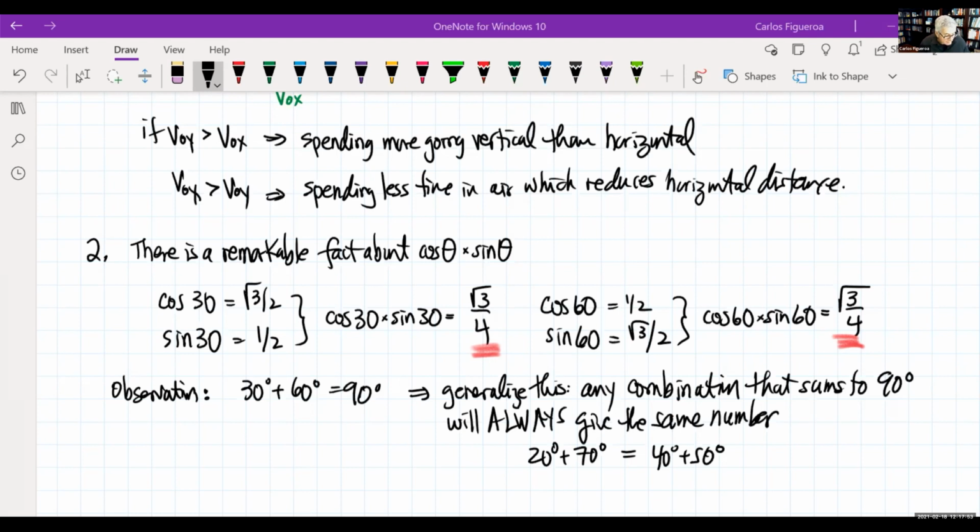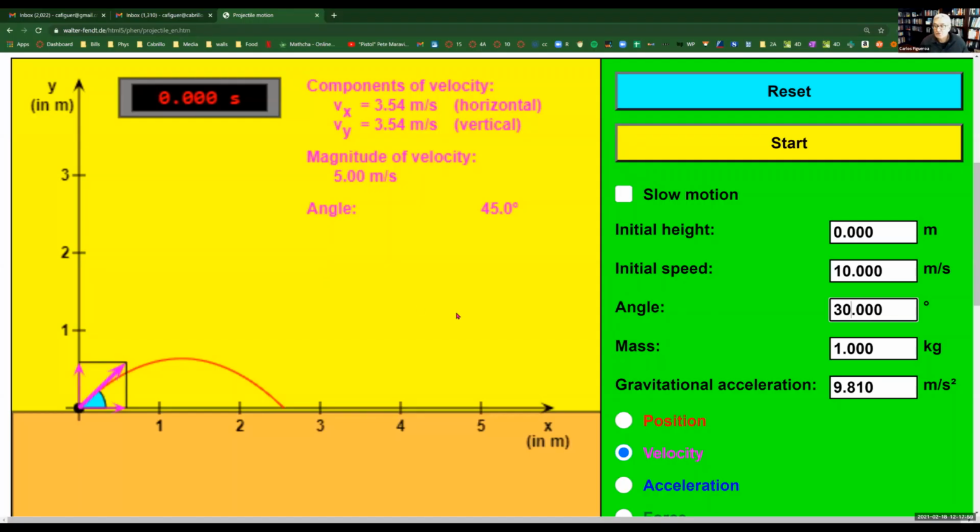So let's start at 30 and 60. I'm assuming that you're seeing my screen right now. I thought I set this to 30, but it's saying 45. Let me make sure that I reset this. So I'm at 30 degrees.